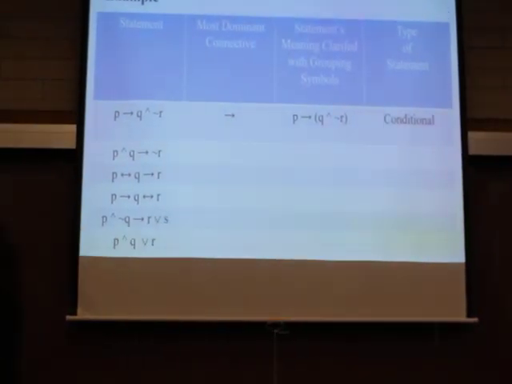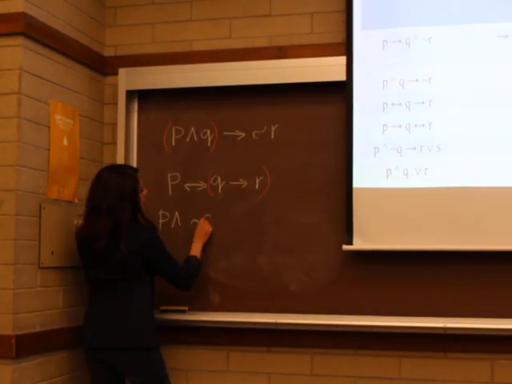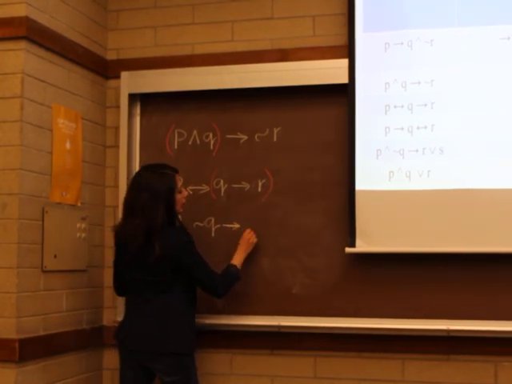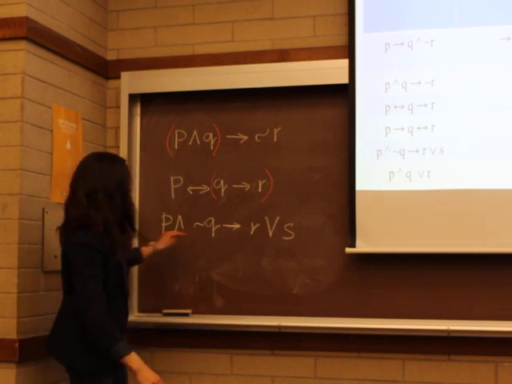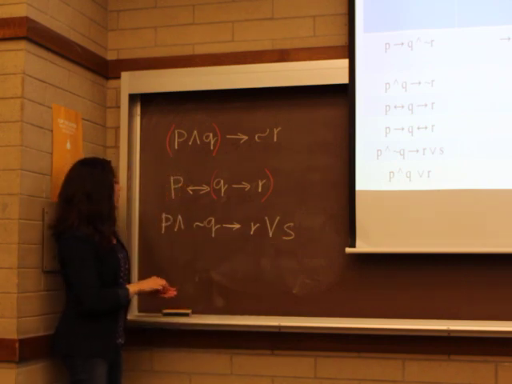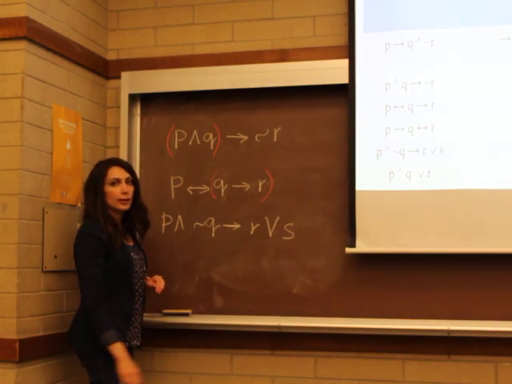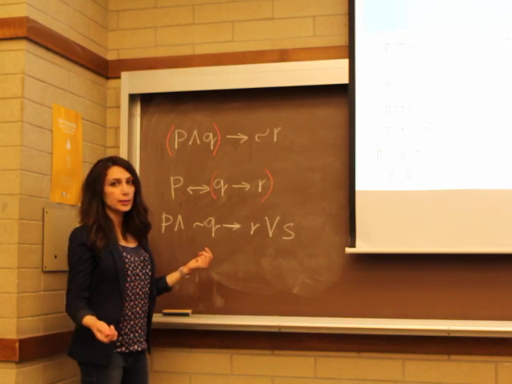Look here. I have P, and I have negation Q, conditional, and I have R or S. I have four statements here, P, Q, R, and S. I have and, or, negation, and conditional. Which one is the most dominant connective?